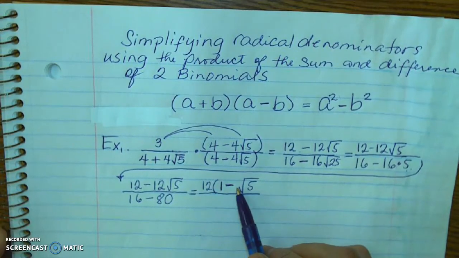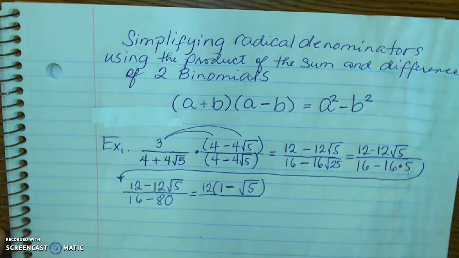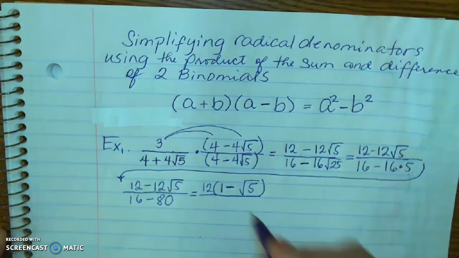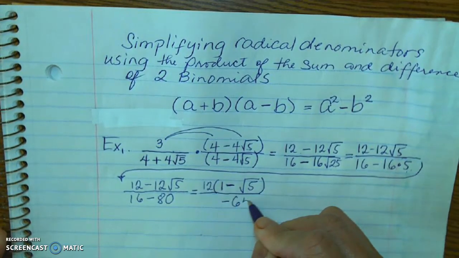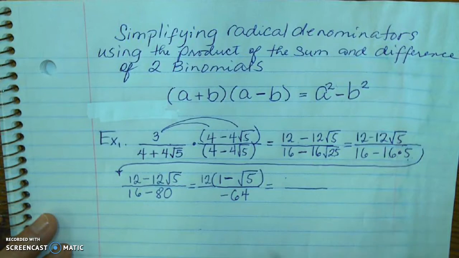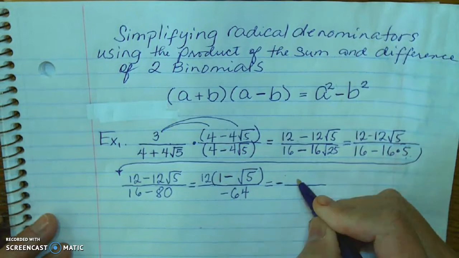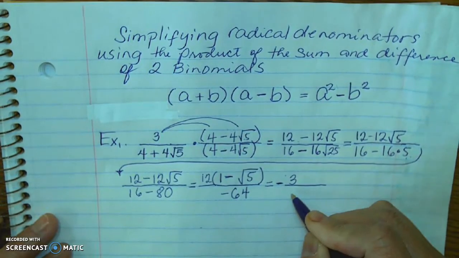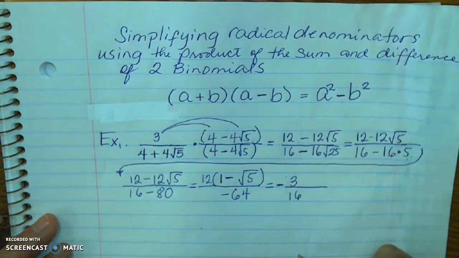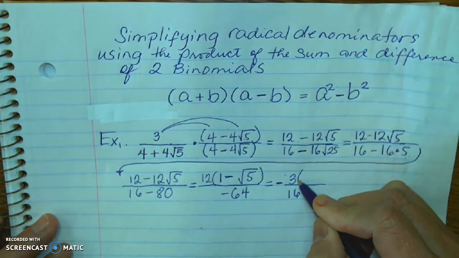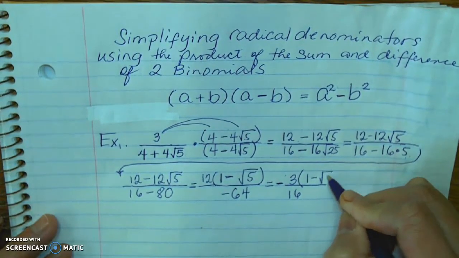So this becomes a 1, and I don't need to write a 1. At the bottom, it's now going to be a negative 64. This now is going to become a negative 3 over 16, and on the numerator will turn to 1 minus square root of 5.